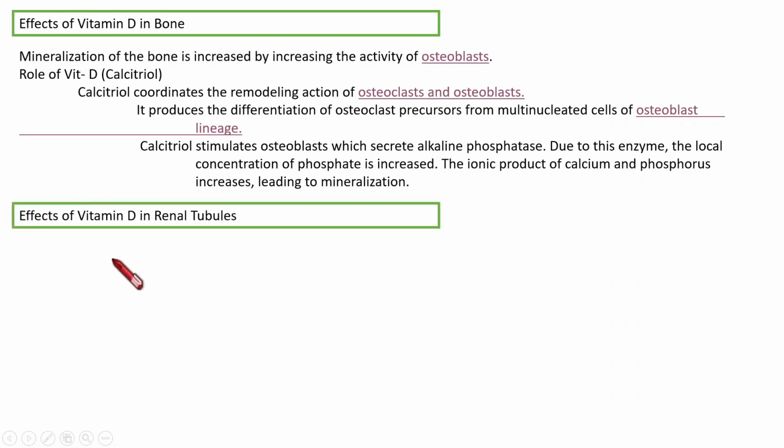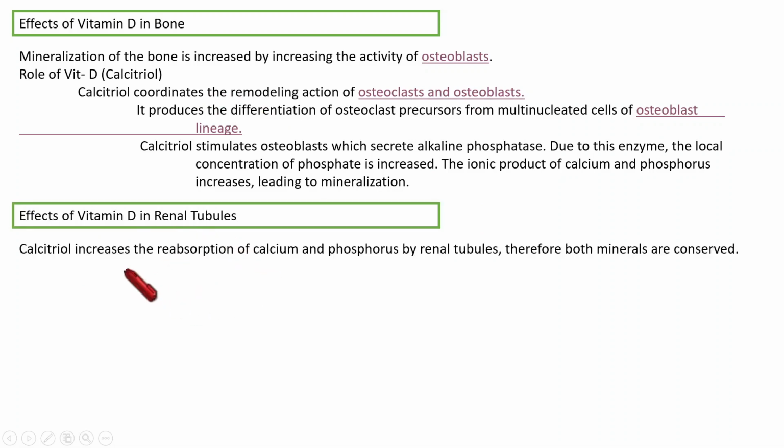Okay. Next, we are going to see the effect of vitamin D in renal tubules. What is its role in the kidney? It increases, at the renal tubule, the reabsorption of calcium and phosphorus, and that reabsorption depends upon the condition of the body.